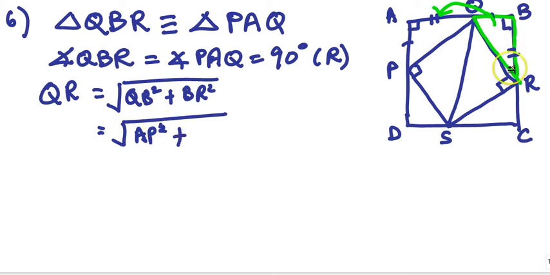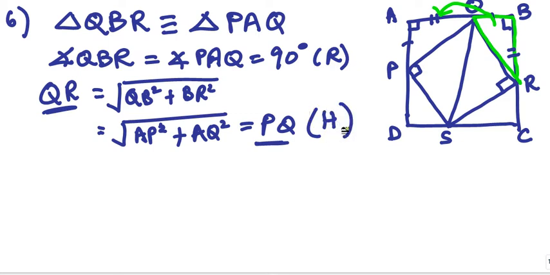And BR I know is the same as AQ, as given in the question, so I can replace BR squared with AQ squared. And we know that the square root of AP squared plus AQ squared gives you PQ. Therefore, we show that QR is equal to PQ, and this gives you the H, which is the hypotenuse.